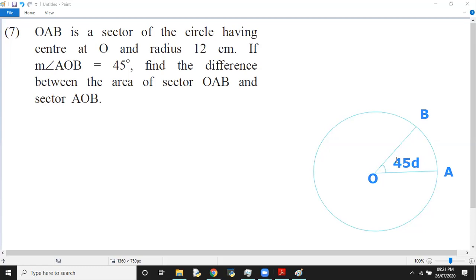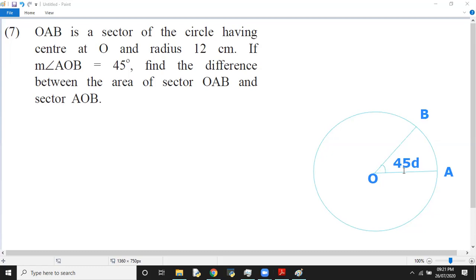Here are two sectors. This sector has 45 degree and the other sector has the remaining angle. The total angle is 360 degree, so it is 360 degree minus 45 degree. How much?